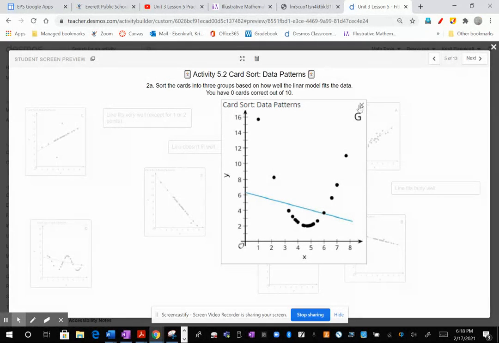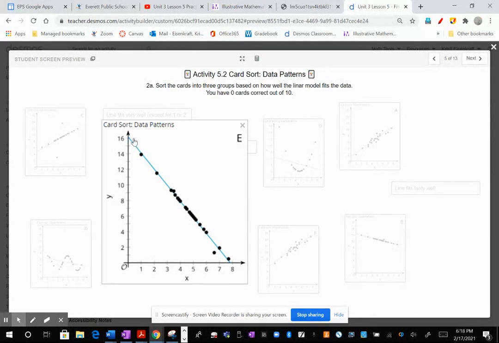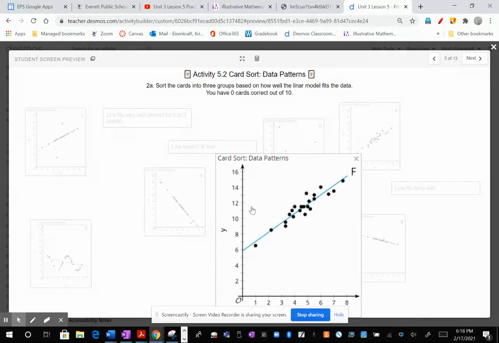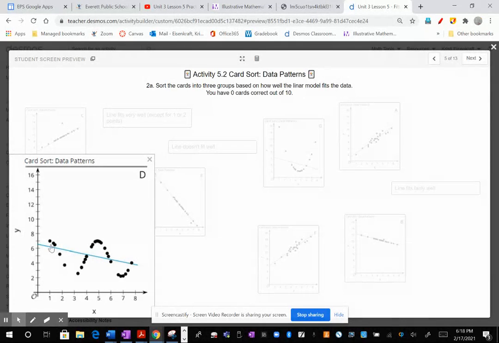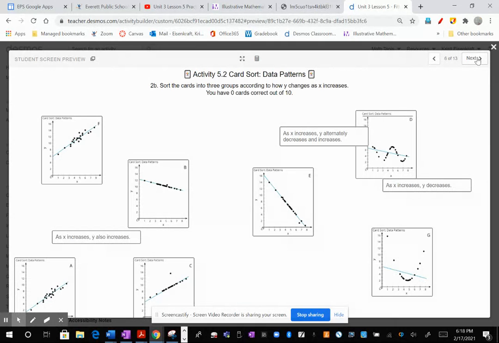Linear models should be used when you could draw a line through the data, and in general, it is showing what the trend of the data is doing, even if it's a little loose. Another bad example would be this one here. It's not showing the true trend of the data.